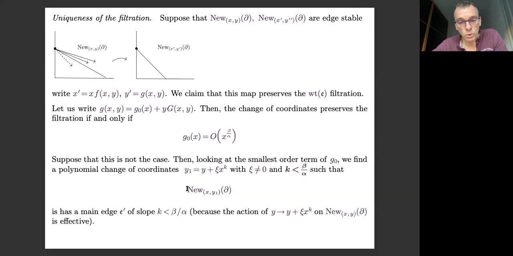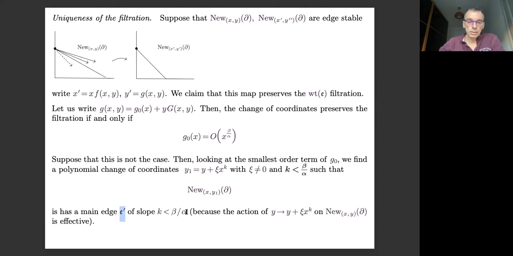I can factor out this first change of coordinates, and then there is a second change of coordinates which maps y1 to y prime. Okay. So of course, now we look at the edge of the Newton polygon associated to delta in the coordinates x and y1.